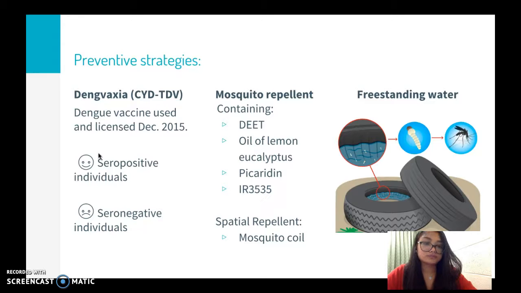Freestanding water must be prevented. Any artificial containers, barrels, plastic jars, and pots should have their water thrown away so as to prevent mosquitoes from laying eggs in them. Female mosquitoes require water for breeding.